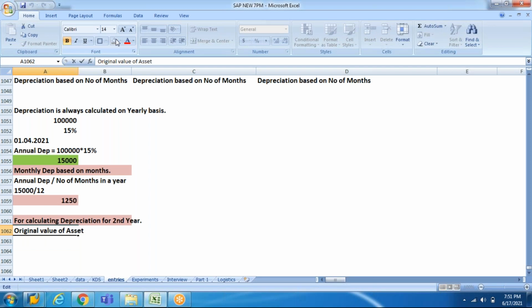This original value is also called APC. APC stands for acquisition and production cost.